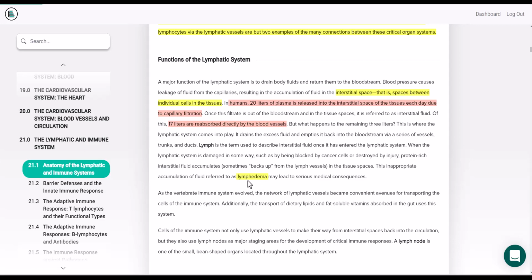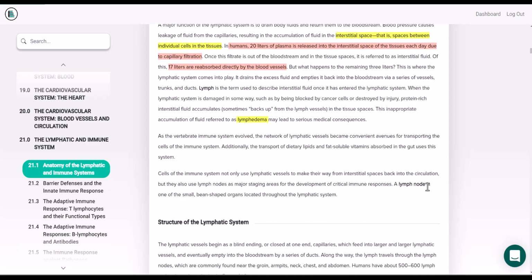You'll see lymphedema occur often after a person has surgery. And if that surgery interrupted any of the lymphatic vessels and the flow of lymph through them, then you may see lymphedema chronically in limbs or in regions where there has been surgery.